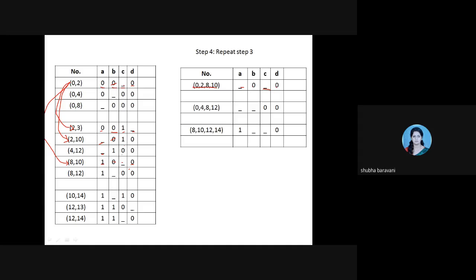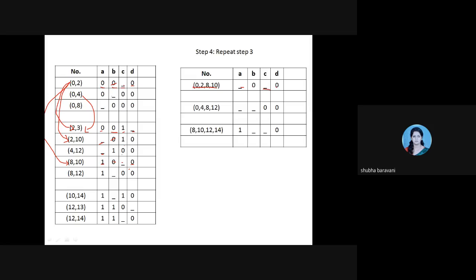Understood now? Yes, ma'am. Now look, this is 0 2 8 10. Next you have to compare 0 4 with 2 3. Next, don't care is 0 again changing, 0 is again changing to 1.